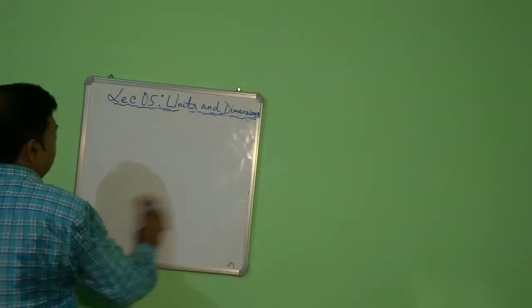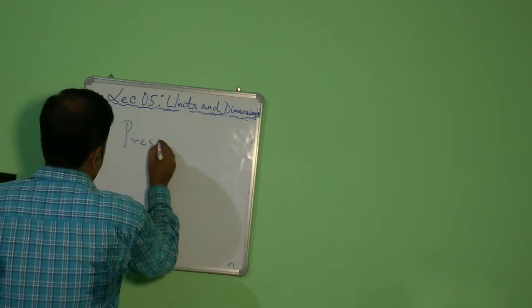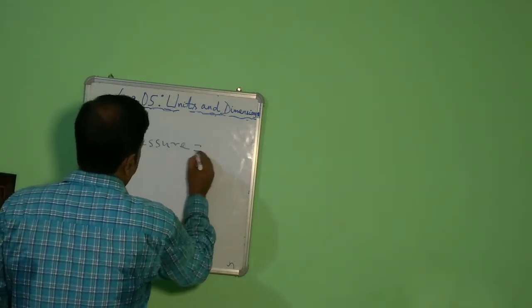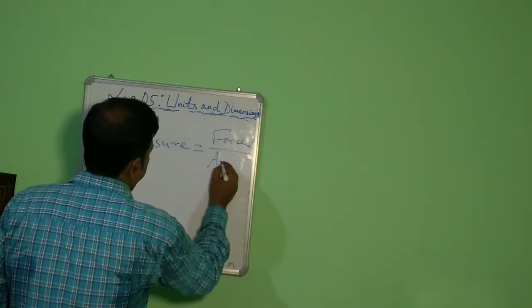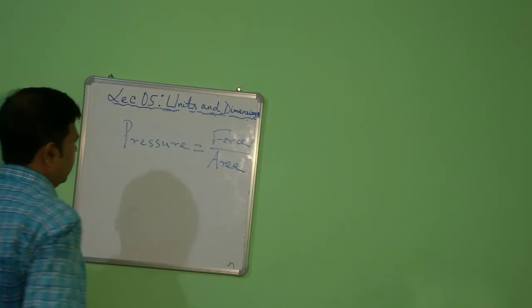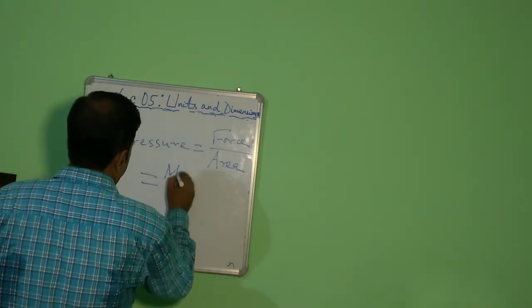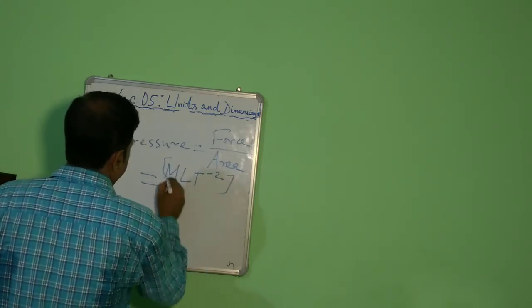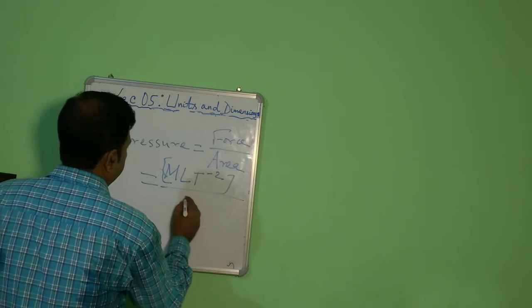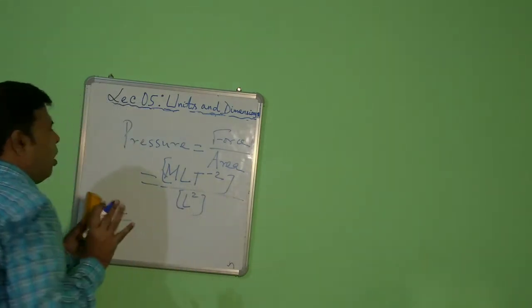Suppose another physical quantity, that is pressure. Pressure, you know, is equal to force upon area. The dimension of force is M L T to the power minus 2. The dimension of area is L square, because it is a product of two lengths.